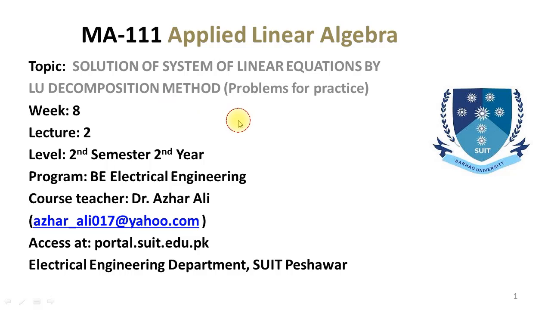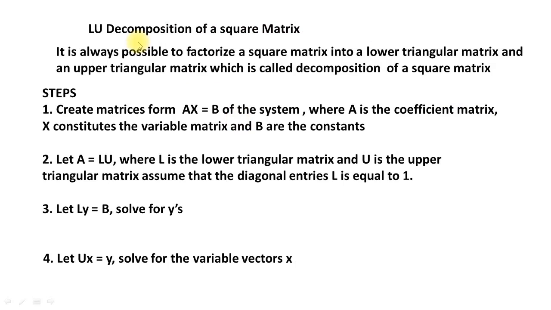So as I have already told you, it is always possible to factorize a square matrix into a lower triangular matrix and an upper triangular matrix, which is called decomposition of a square matrix.